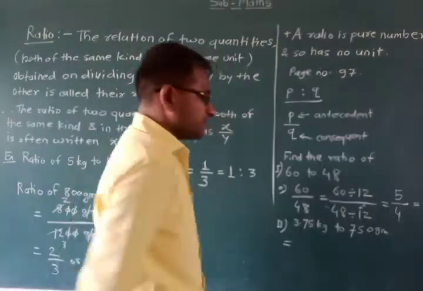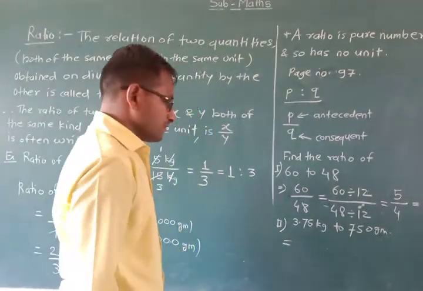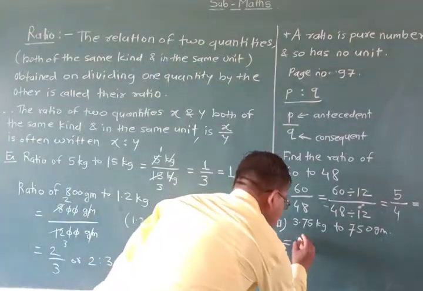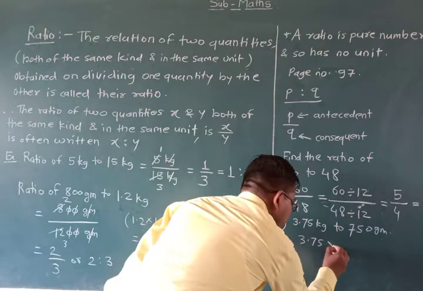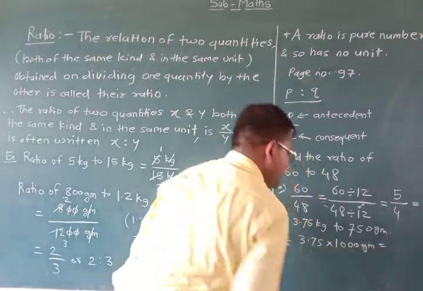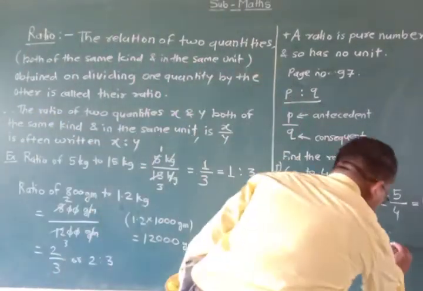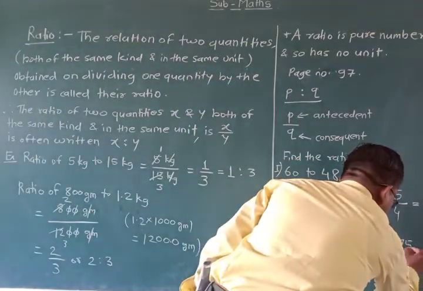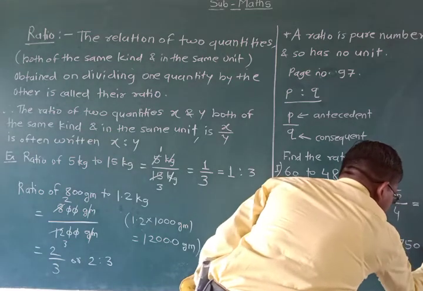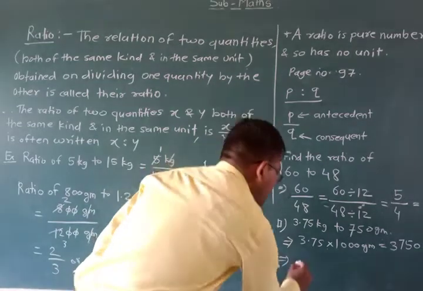First, this kg is converted into gram. 3.75 kg, so 3.75 multiplied by 1000 gram is equal to 3750 gram, and then write the solution.